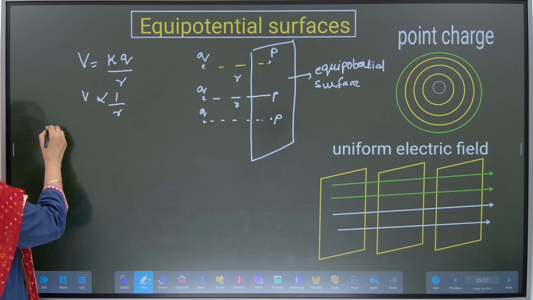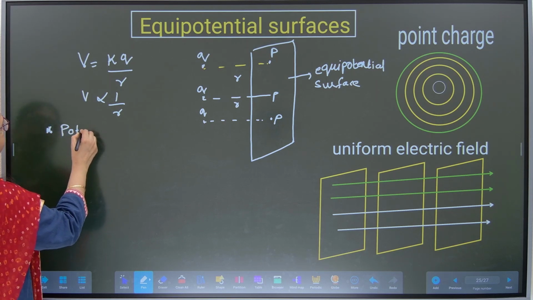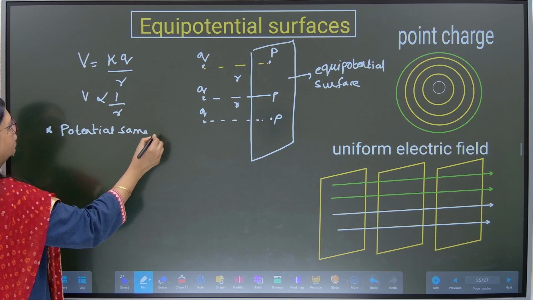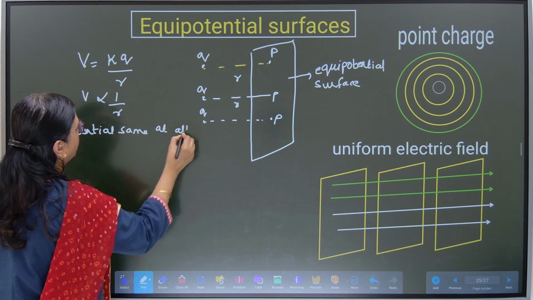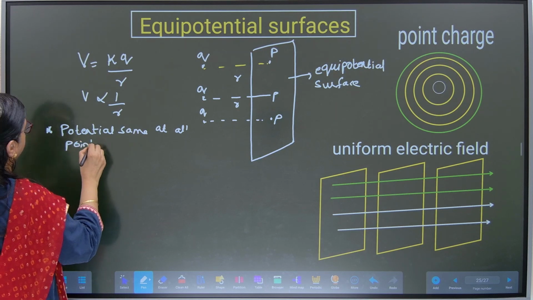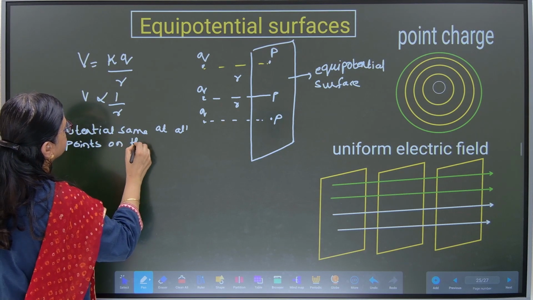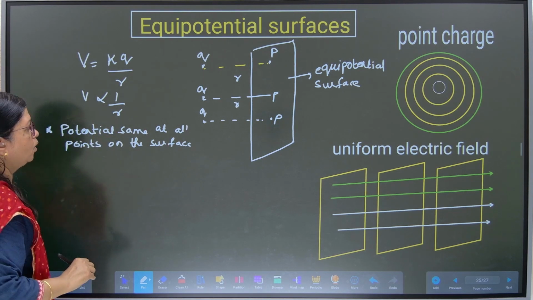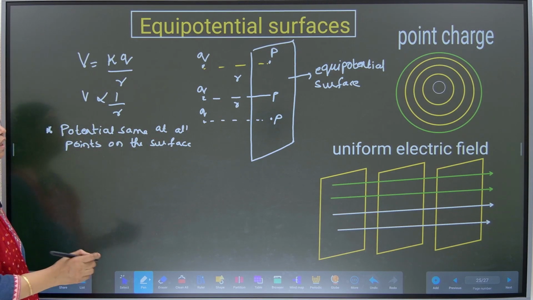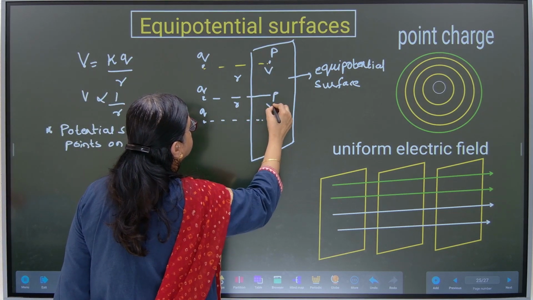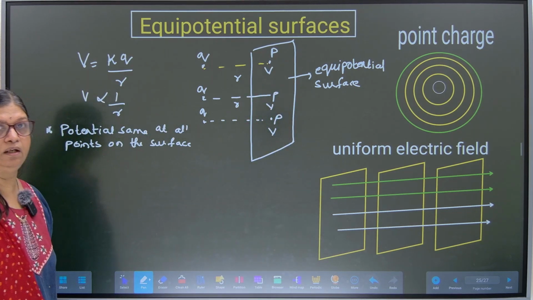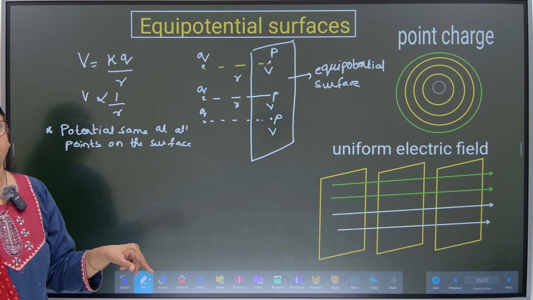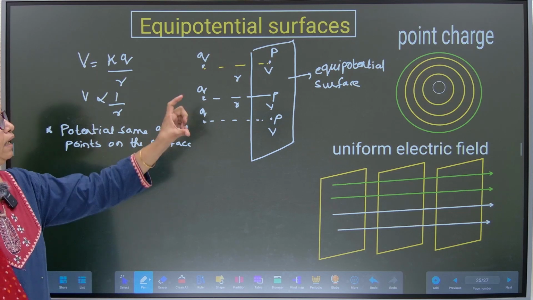What is the first point? Potential same at all points on the surface. Okay. So, what is the potential difference? If the potential here is V, potential here is V, potential here is V, then what is the potential difference between the potentials at different points?